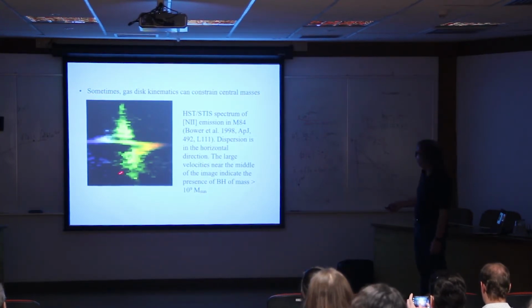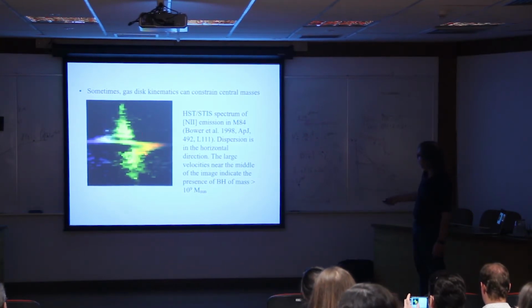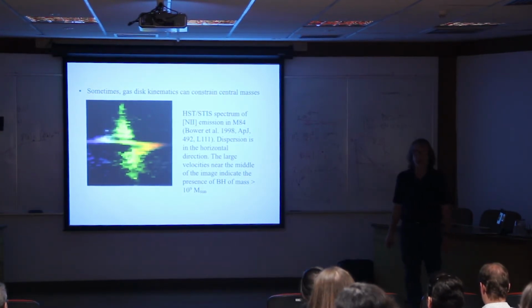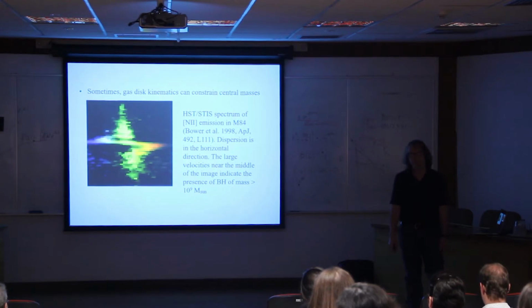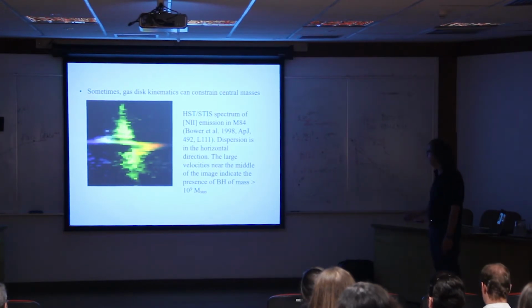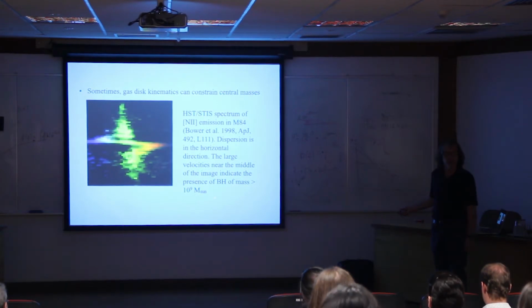And you can see here that the velocities are increasing as you get close in to the central potential. The large velocities, both blue shifted and red shifted here, indicate the presence of about a 10 billion solar mass black hole. I think there have been other observations that revised the black hole mass for this object up a bit from these initial ones.